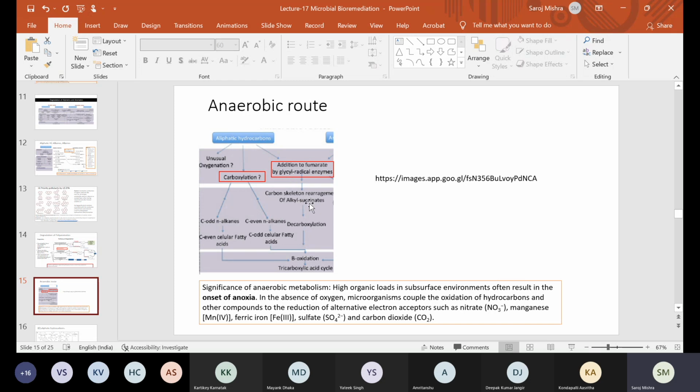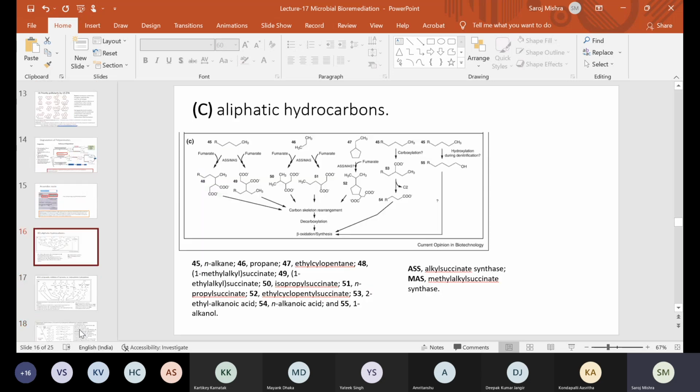In this case, there is a carbon skeleton rearrangement followed by decarboxylation, and the resulting product can then enter beta oxidation. If you carry out carboxylation, depending on the chain length, you can have either odd or even chain alkanes, which are converted into fatty acids simply by addition of carbon dioxide. Let us look at an example of this in the next slide.